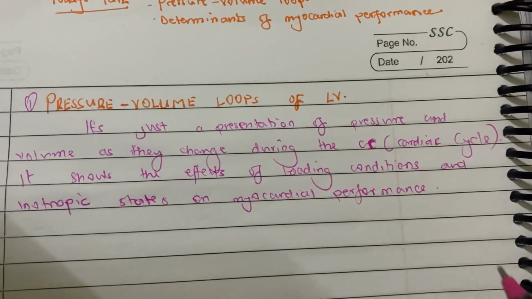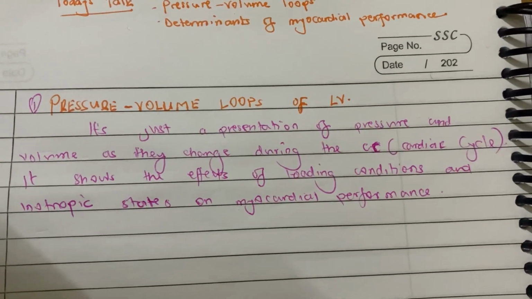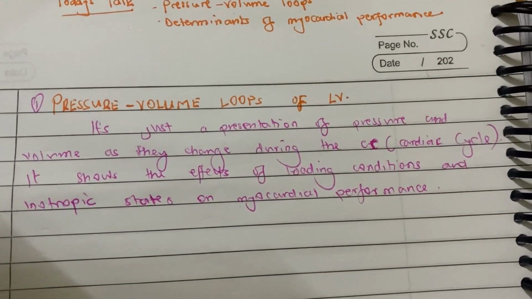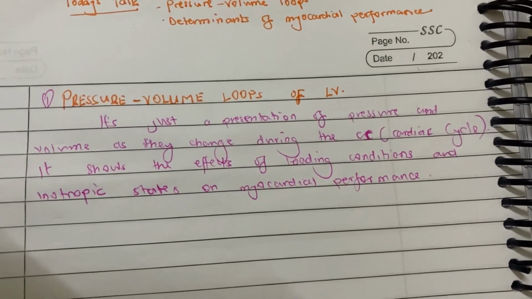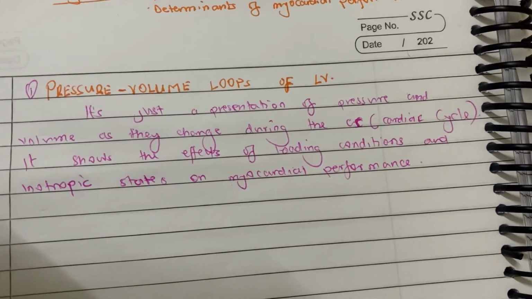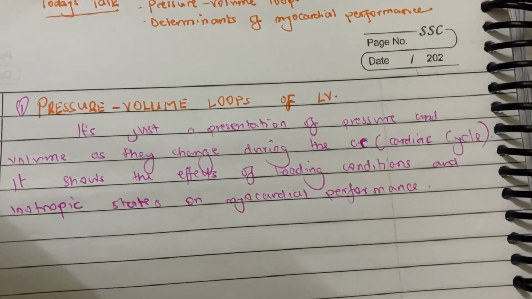Here we are just representing pressure versus volume, or volume versus pressure. And the loading conditions, what are they? We are going to see them: preload and afterload. We are also going to clear up that concept.